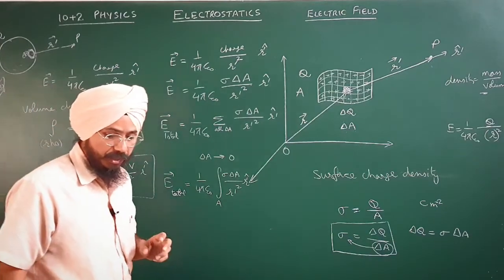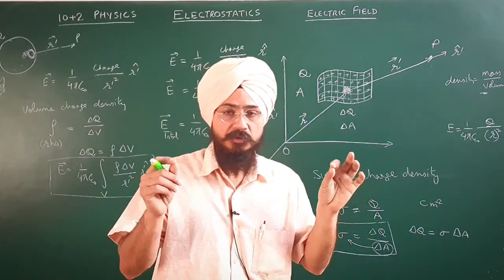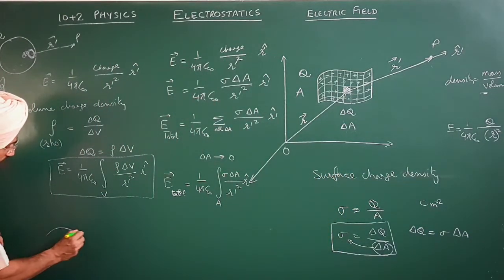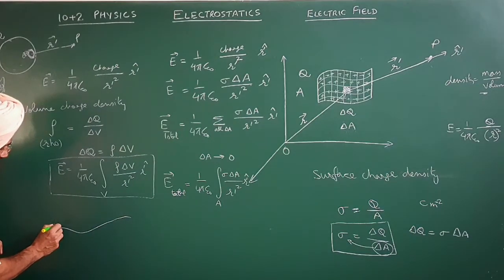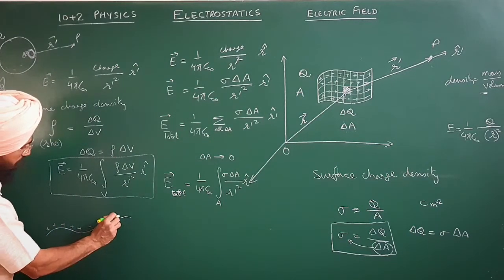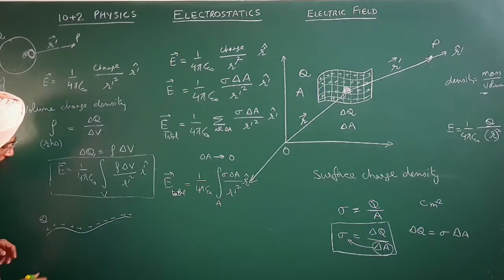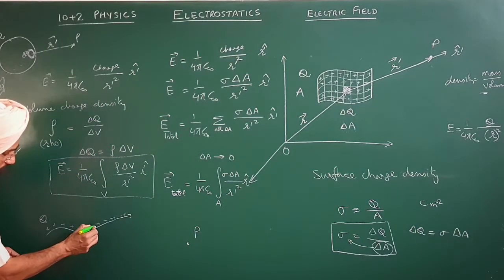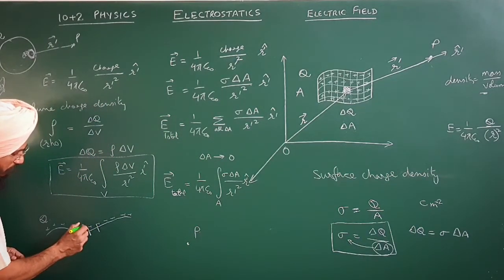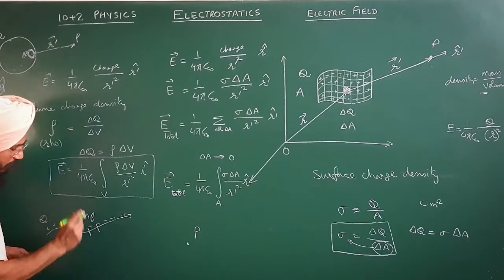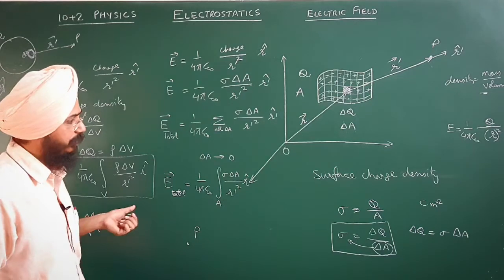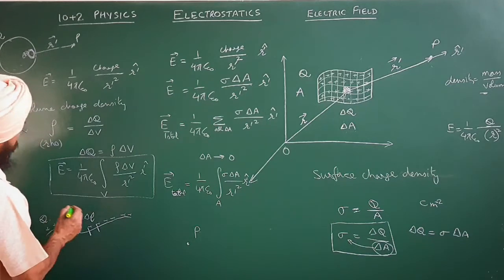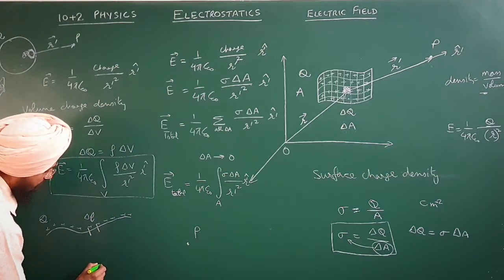Likewise, if the charge is present on a wire, you can also find the electric field of a wire. If this is the wire and the whole wire contains charge capital Q, to calculate the electric field at this point we will consider a small length element delta L, and I have to define another quantity like surface charge density and volume charge density. Here I will define linear charge density.